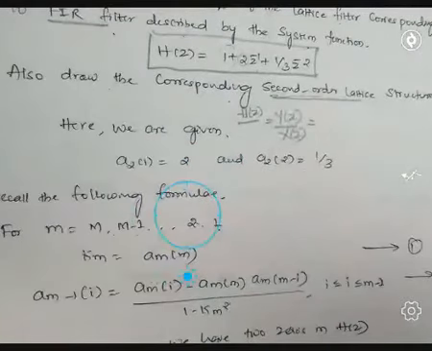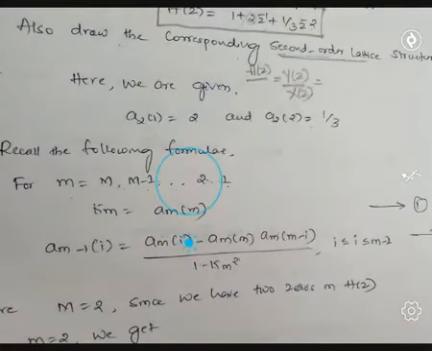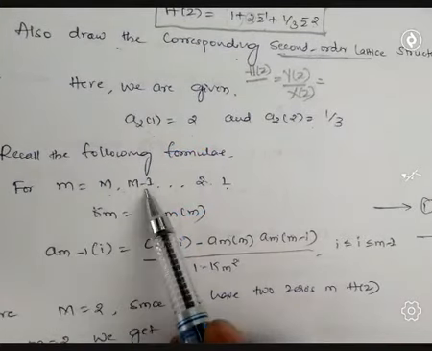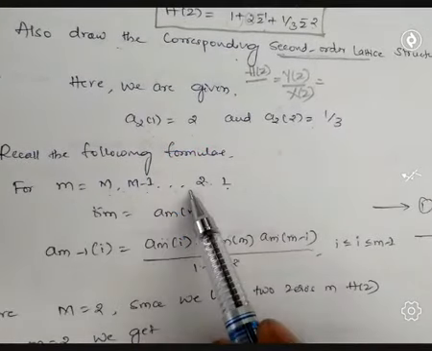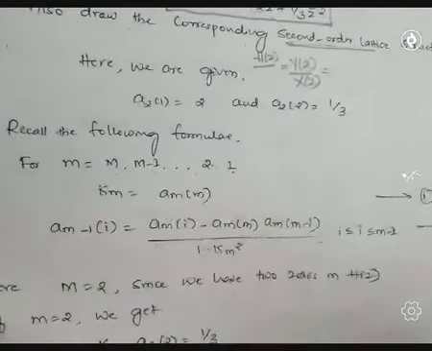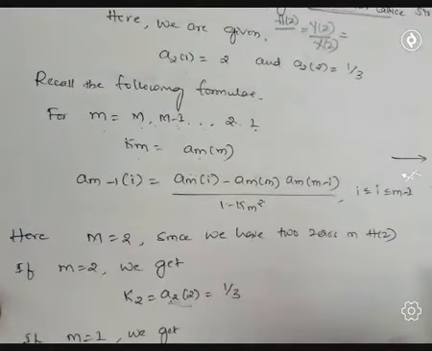So recall the formula for conversion from direct form, for m equal to capital M, M minus 1, M minus 2, M minus 3, so on up to 1: Km equal to Am of m. Let us substitute, because the order of the filter is given, that is second order, m equal to 2.